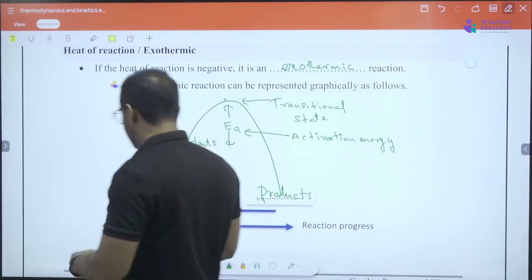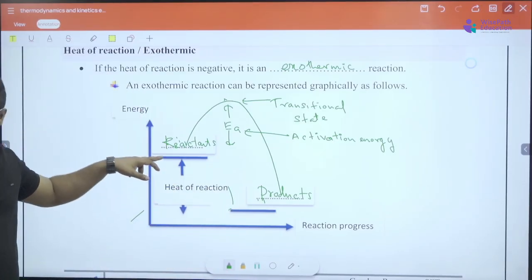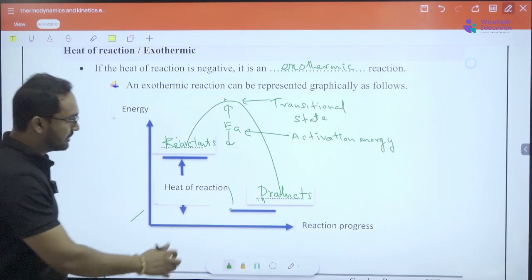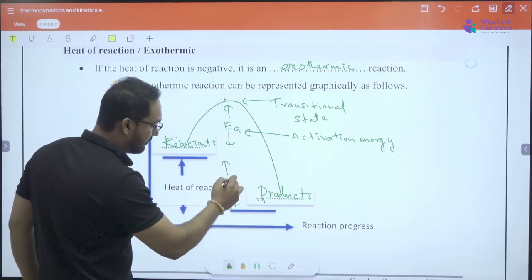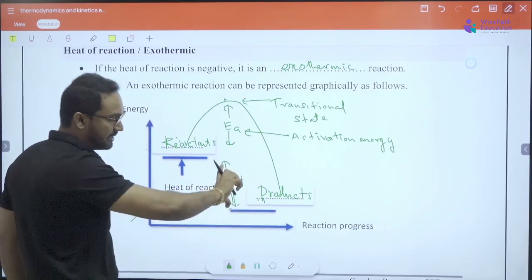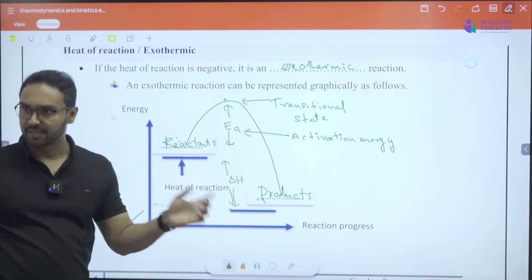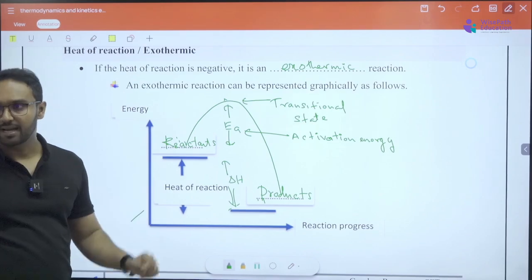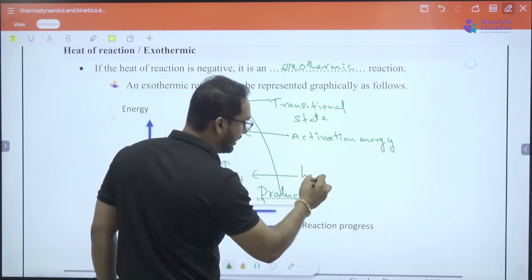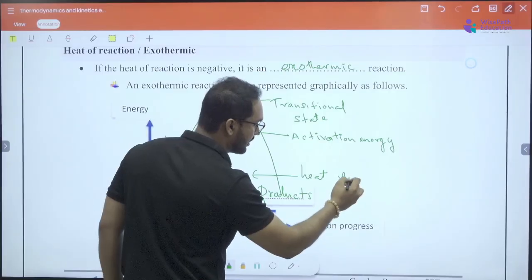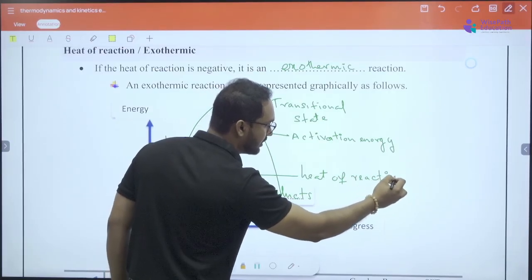So the energy of product is this, energy of reactant is this. If I take it as delta H, this gap should be the heat of reaction, the energy difference between the product and the reactants. This is the heat of reaction.